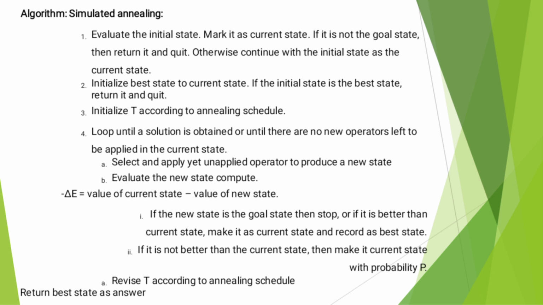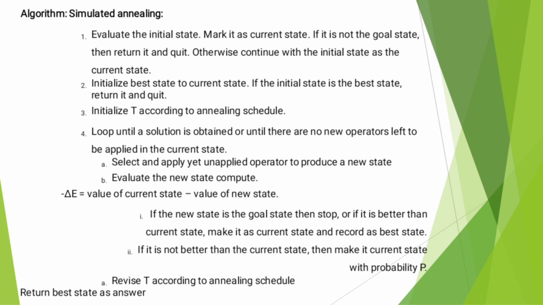Next, select and apply a yet unapplied operator to produce a new state. Then evaluate the new state and compute delta E, which is the value of the current state minus the value of the new state.